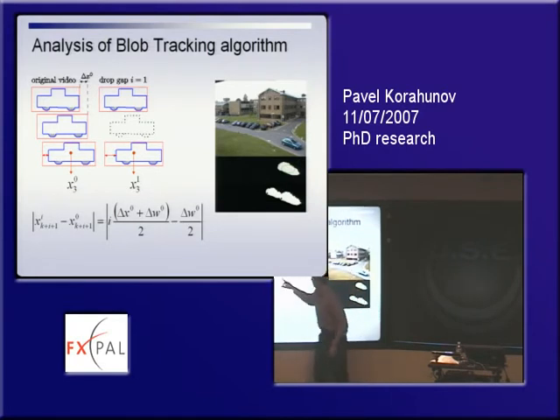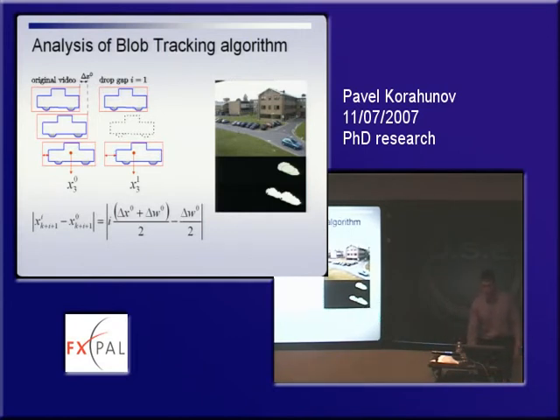To find the error, the error is basically the distance between these two blobs. It's the same frame but with a different drop pattern. With some analysis, we can find that the distance can be described by such a function, where delta x0 is the change in the original distance the car moved, and delta w is how much the width grew compared to the previous frame, because the car is moving towards the camera, so it's getting bigger as well.